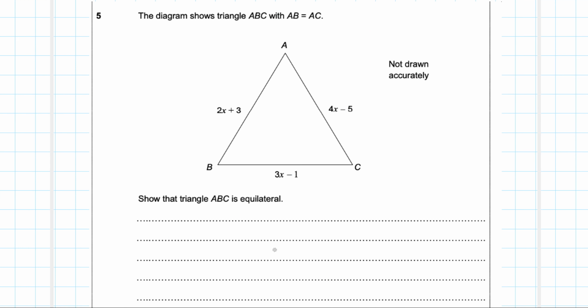Part 5, a diagram shows triangle ABC, where AB is equal to AC. Show that the triangle ABC is equilateral. So here, if it's equilateral, it means that all the sides are the same. So first of all, we're going to say that AB equals AC. So if AB is equal to AC, AB is going to be 2x plus 3, and AC is equal to 4x minus 5.